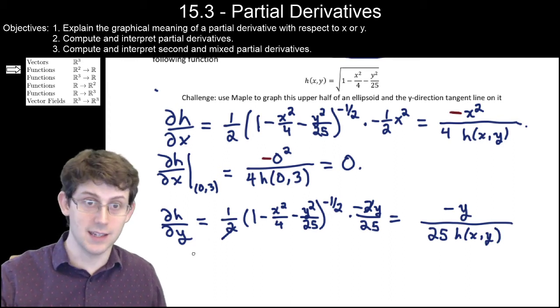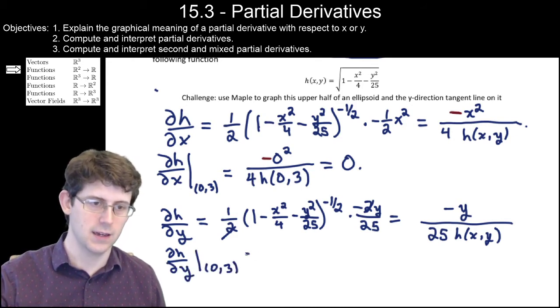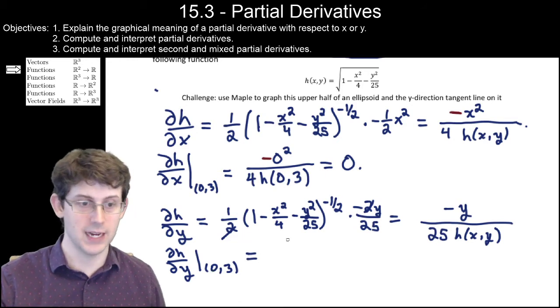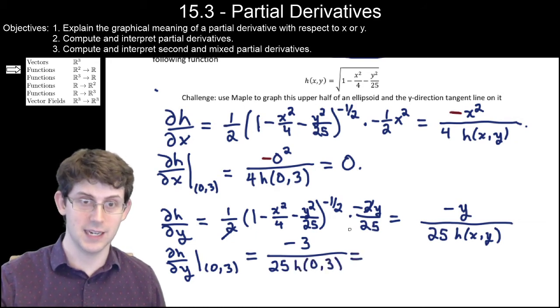Now the question wants the slope at the point 0, 3. So I'll find the partial derivative of h with respect to y at 0, 3 by plugging in 0 for x and 3 for y. Well, what is h of 0, 3? I need to plug it in to see.